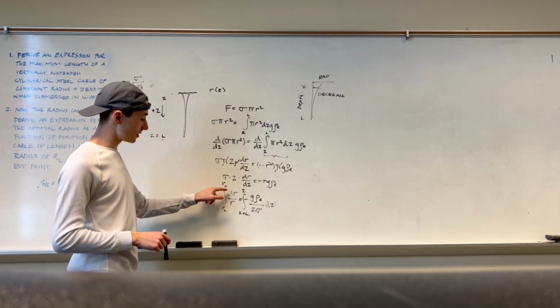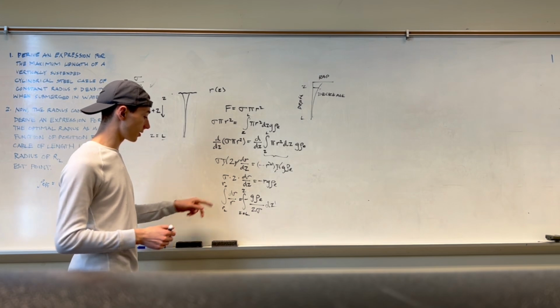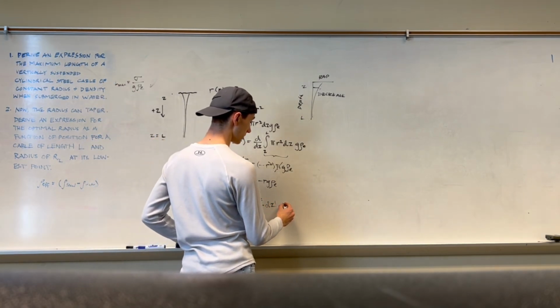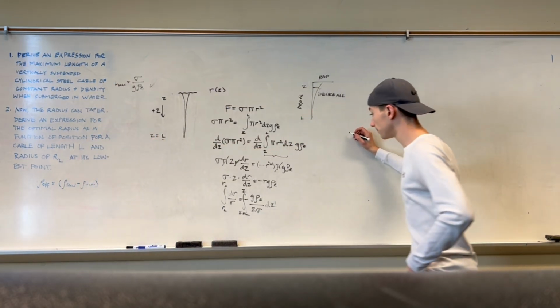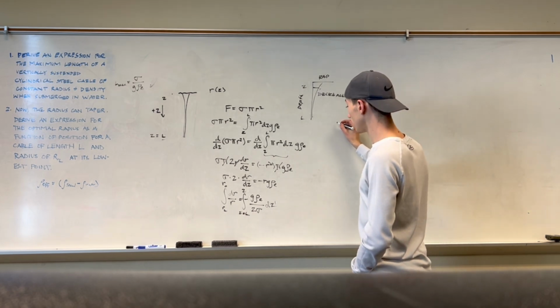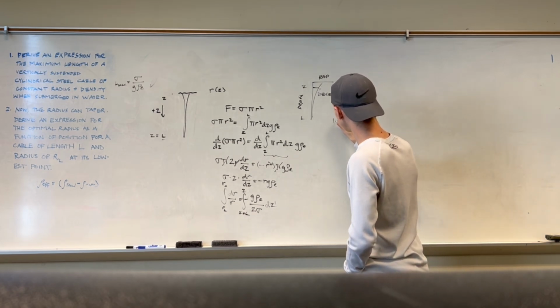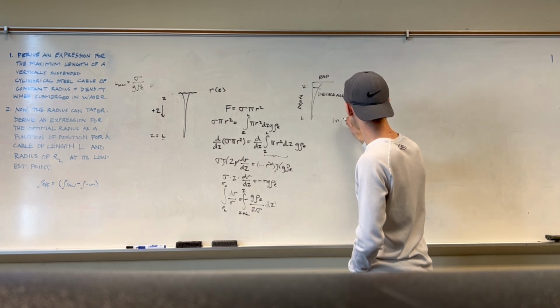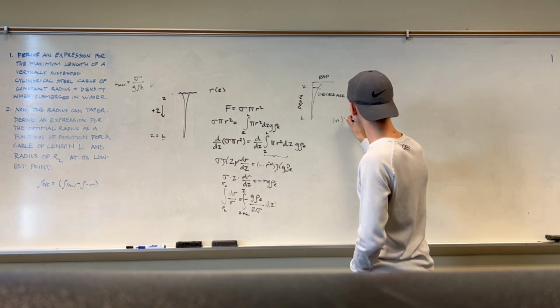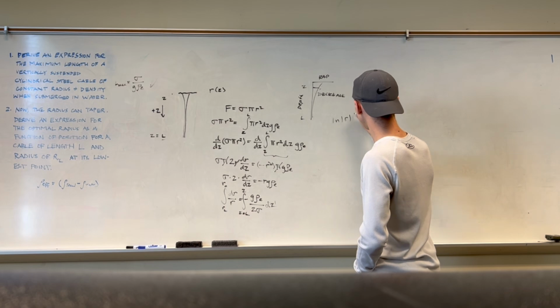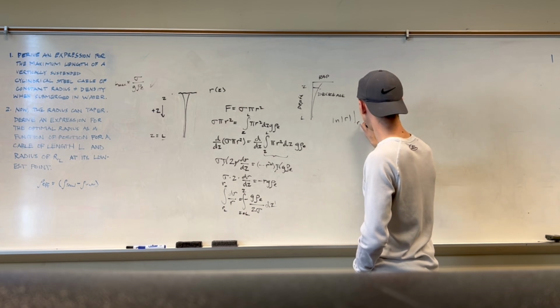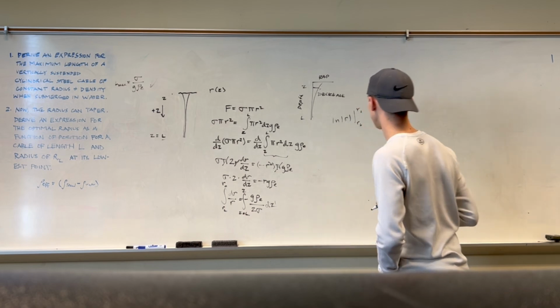So the integral of dr over r is going to be the natural log of r evaluated from RL to R naught.